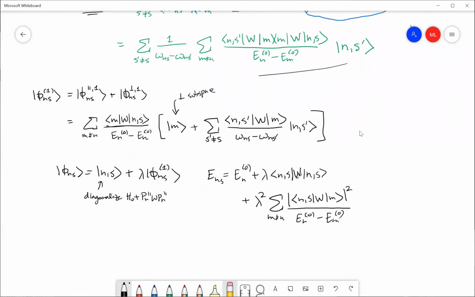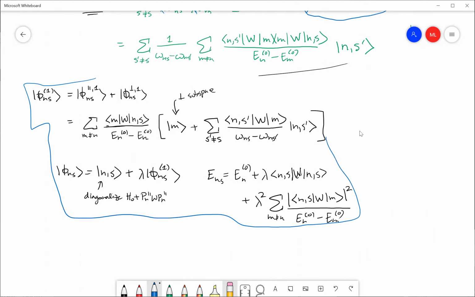That's really the whole picture of degenerate perturbation theory as far as we're going to go. And again, usually in undergrad, you would have probably learned about diagonalizing W, but you probably have not seen this thing that is the portion of the state correction that's actually within that parallel subspace.